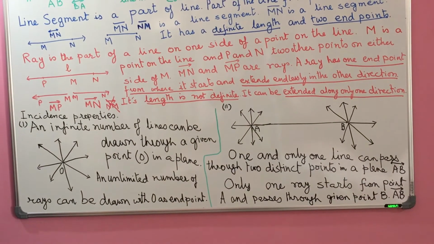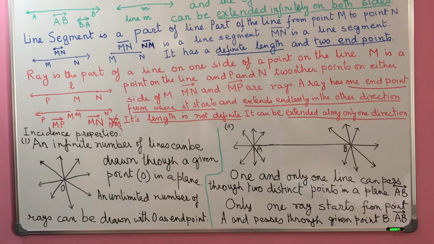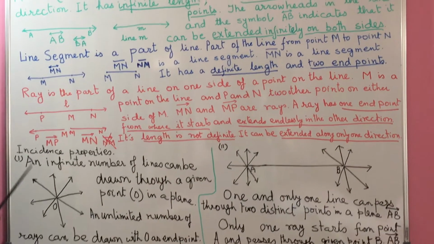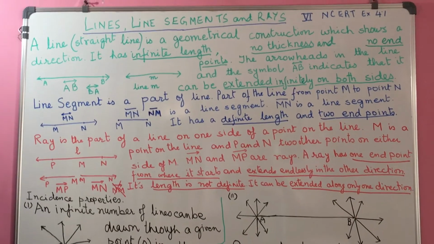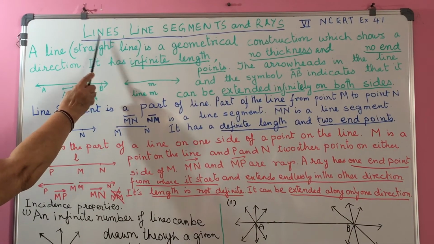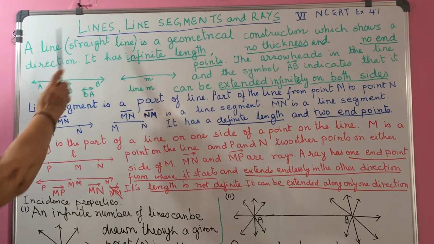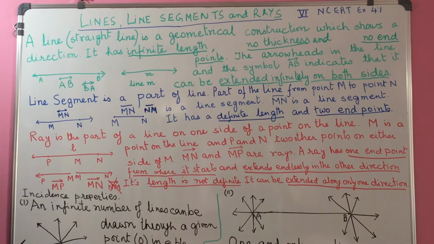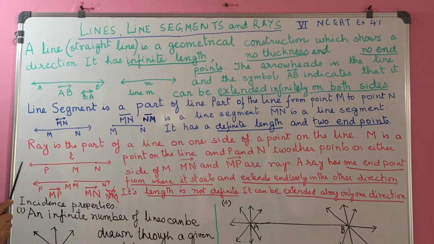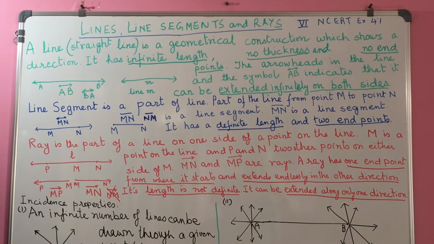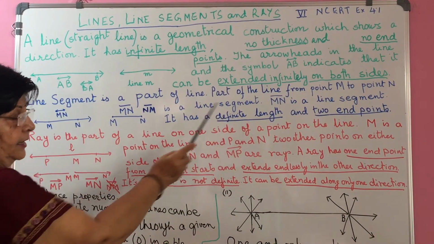Let us now revise by doing a few questions. Out of lines, line segments and rays, which has no endpoints? A line has no endpoints. It has infinite length. Which has a definite length? A line segment has a definite length.